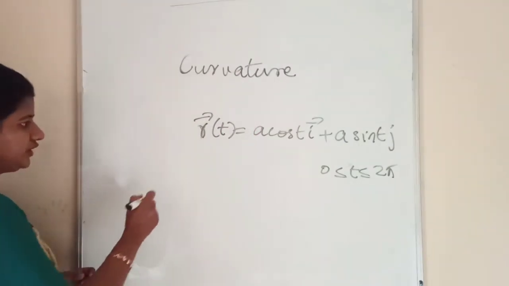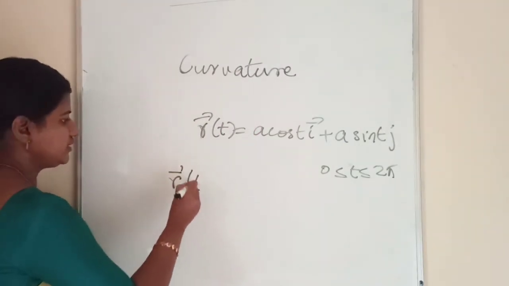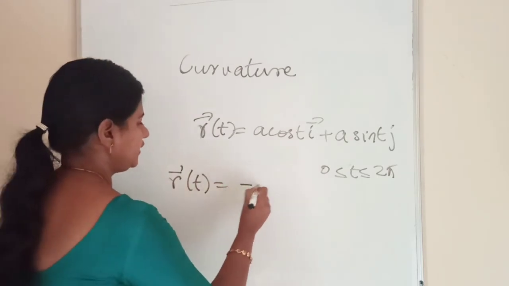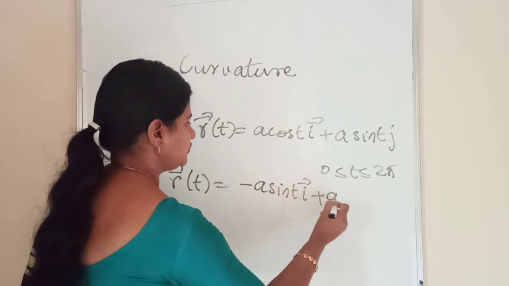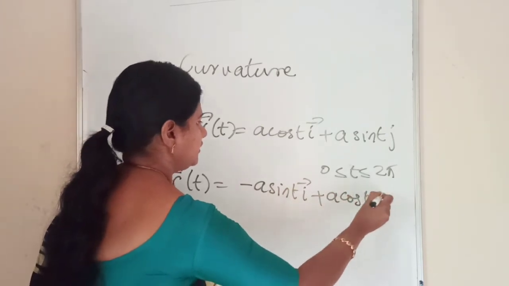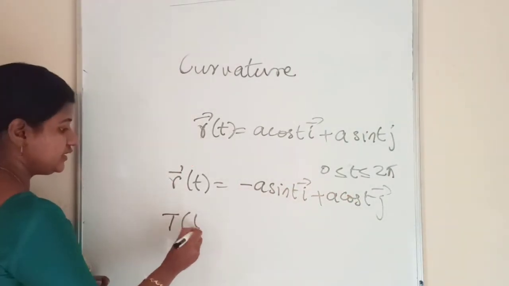And for this we have r bar dash of t equal to minus a sin t i plus a cos t j.